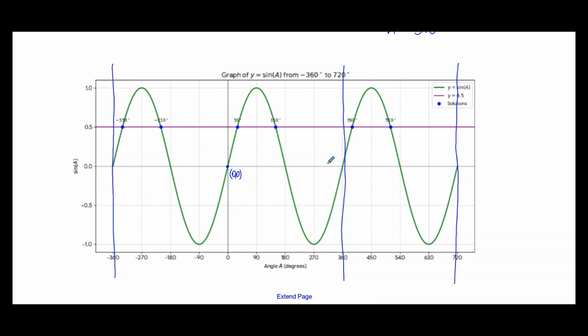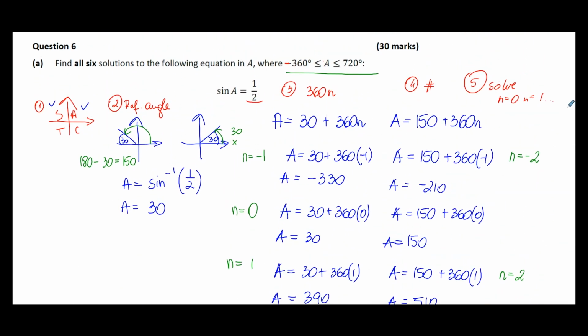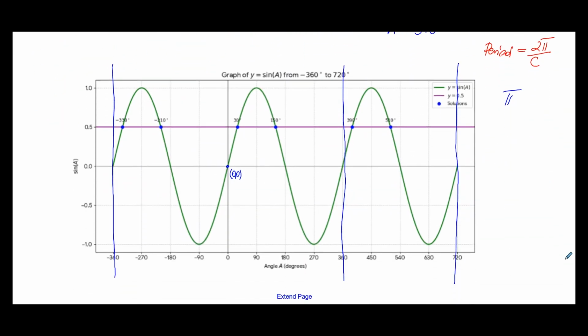How do I know the period? The calculation of period is 2 pi divided by c, and c is the number that stands beside A. The number that stands beside A here is 1. Therefore, the period is 2 pi. That means 360 degrees.